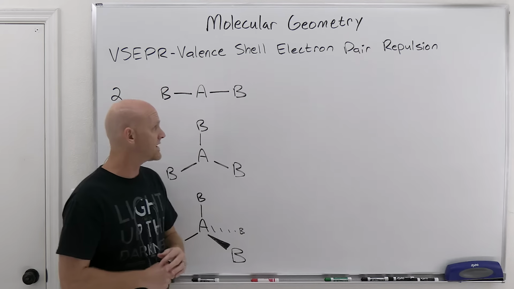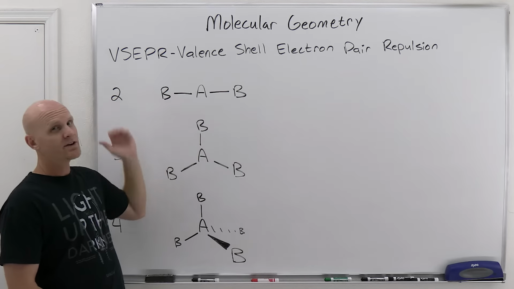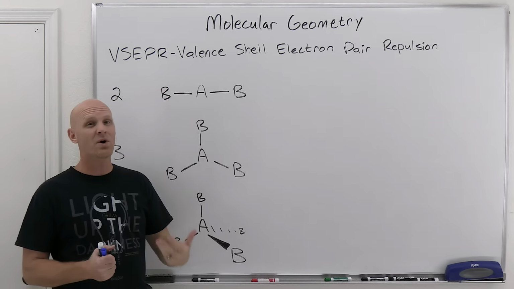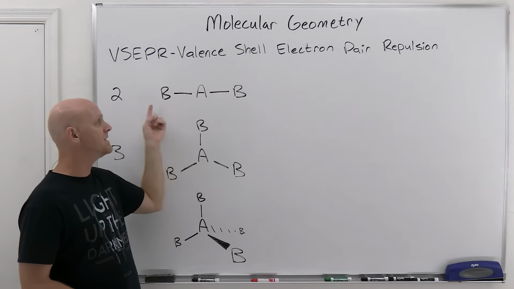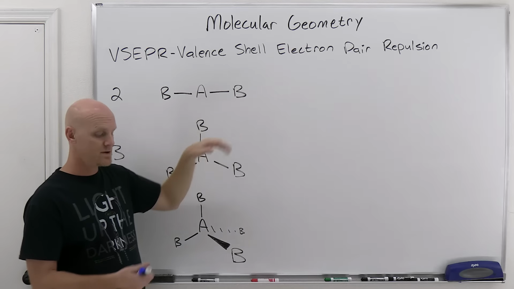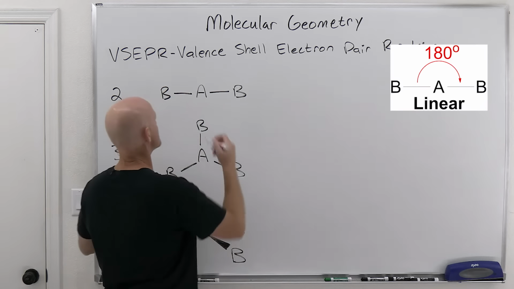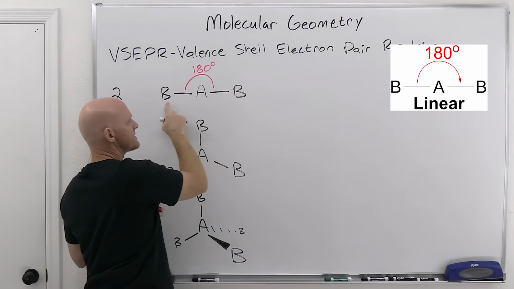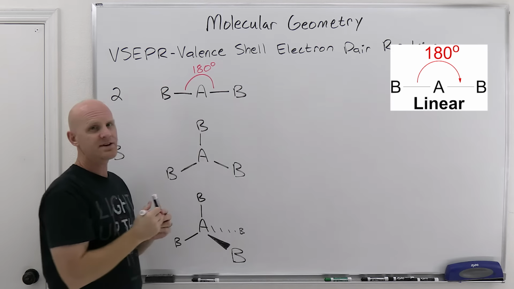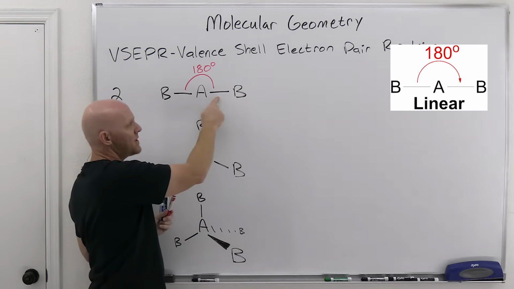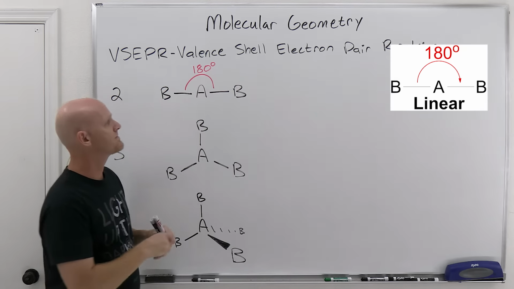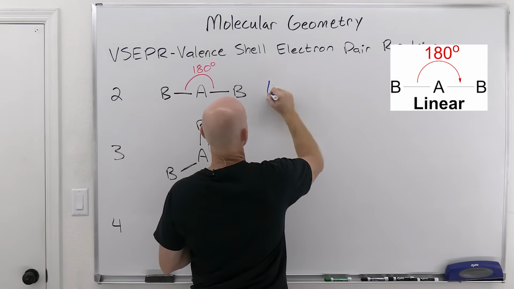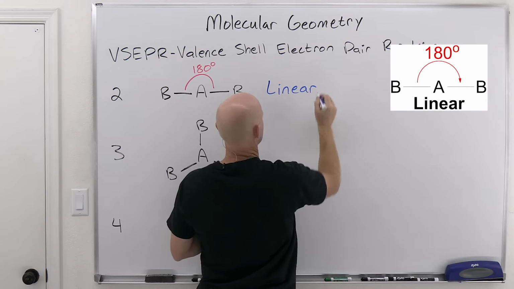So we'll start with 2 electron domains. For them to spread out as far apart around that central atom as possible, they're just going to be on opposite sides, 180 degrees apart. Here we'd refer to this bond angle as 180 degrees, from bond to bond, and we refer to this molecular geometry as linear.